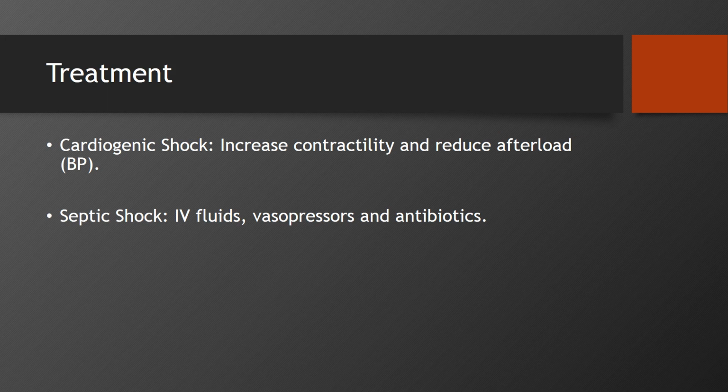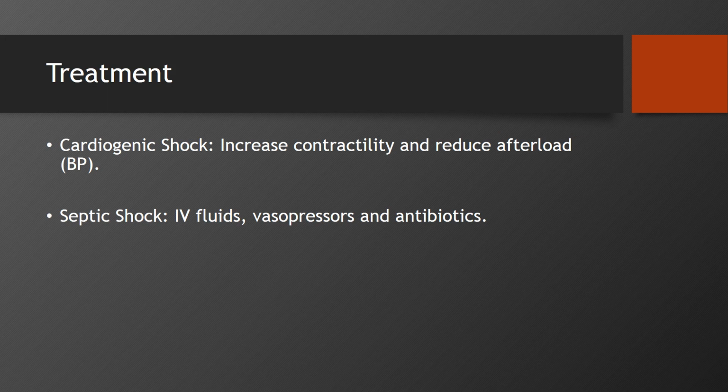So if someone's not able to maintain an adequate mean arterial pressure, and you've given them all their IV fluids that they needed, so that's the 30 milliliters per kilogram, right? And you've given them their antibiotics and they're just really not turning around. They continue to get worse and their body cannot perfuse and oxygenate all the tissues and organs.